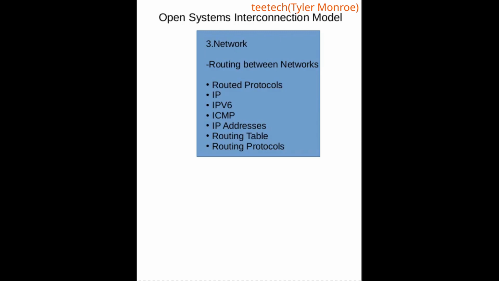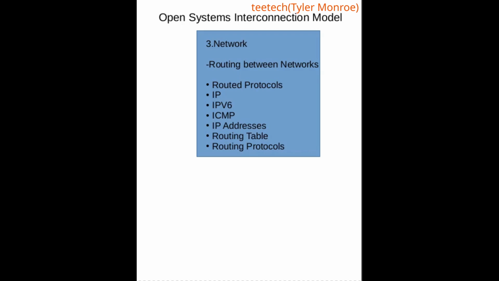This is layer 3. Now layer 3 is all about routing between networks. And the networks we're talking about are IP-based networks. So we're using our routed protocols. Those are protocols like IP and IPv6. Those are two examples of routed protocols.